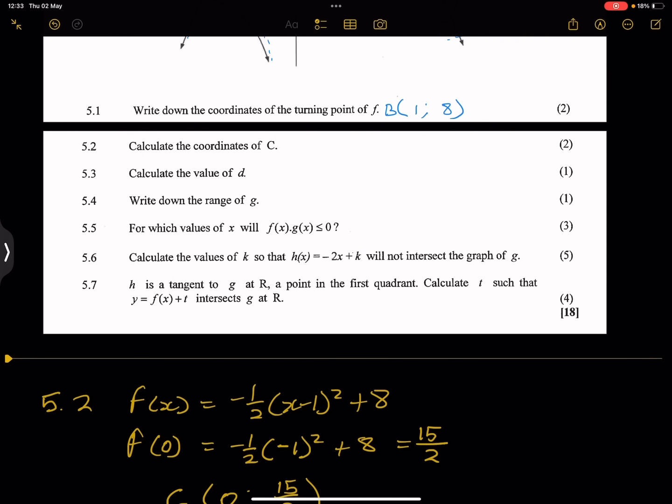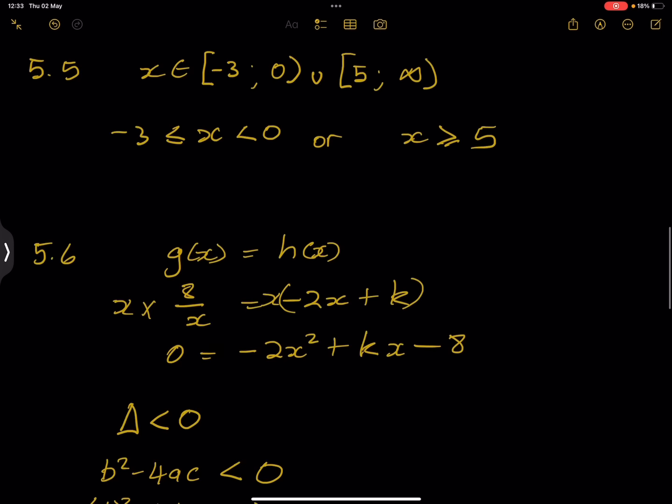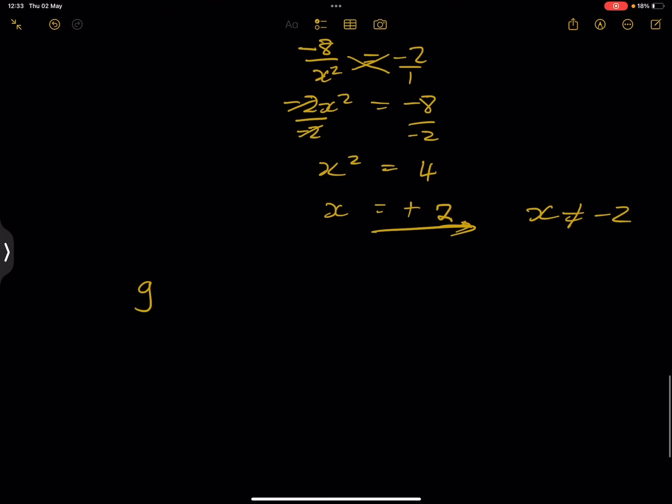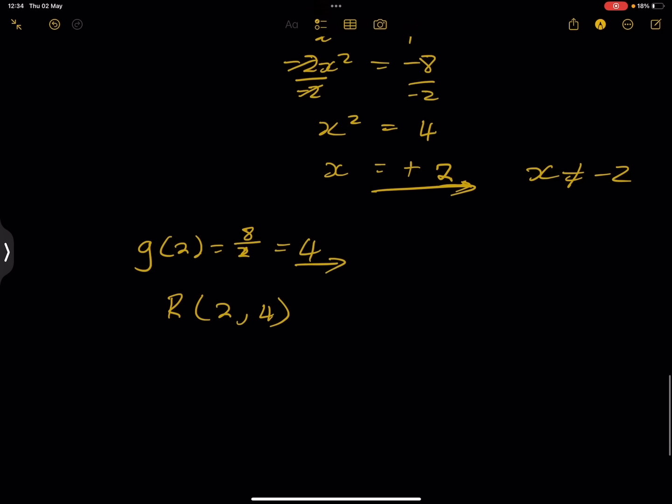When we've got a tangent, it means h and g touch each other, right? So what should be our corresponding y value? That should be g of 2, which is 8 over 2, and this should be equal to 4. So the point R should actually be (2, 4), and definitely that's in the first quadrant, right?